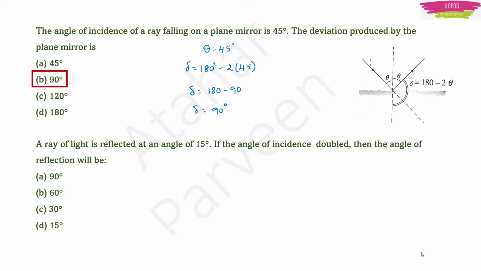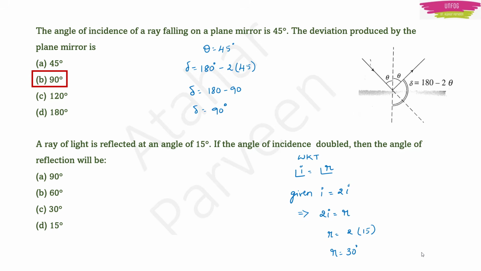Next expected question is, a ray of light is reflected at an angle of 15 degree. If the angle of incidence is doubled, then the angle of reflection will be? Here they have given you the angle of reflection, that is 15 degree. Then they are telling that the angle of incidence is doubled. Now one thing we know, that angle of incidence is equal to angle of reflection, right?